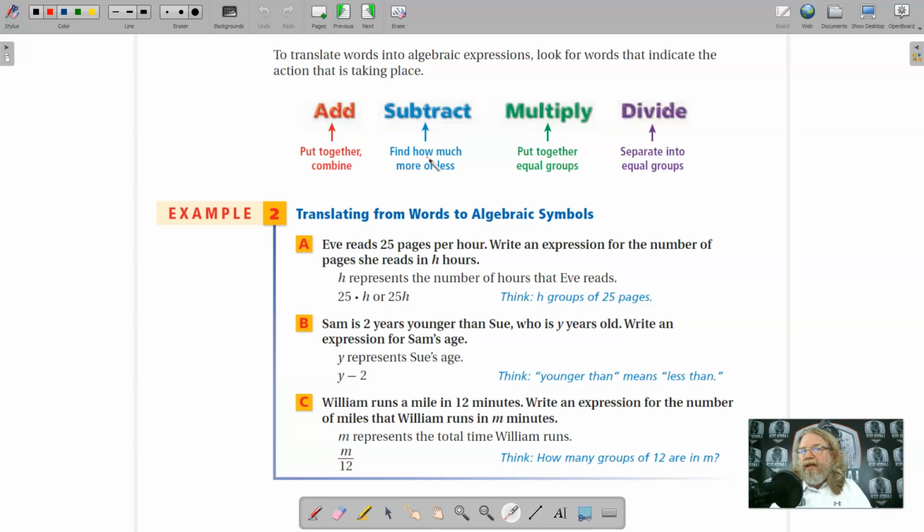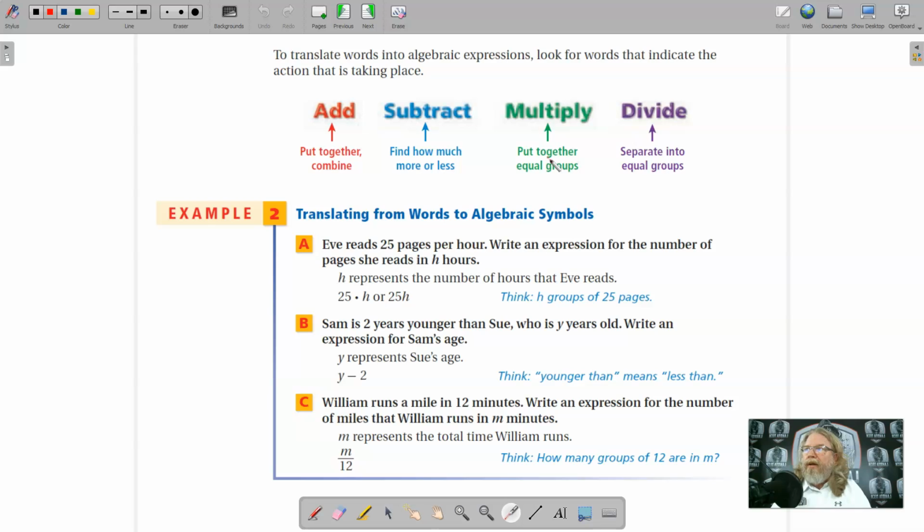It might often say, what is the difference? Or how many more? Or how many fewer? Or how many less? Those are all phrases that we would recognize that we might want to use subtraction in that situation. For multiplication, it's all about putting equal groups together. So if you're adding 7, 7, 7, if you're adding a whole bunch of 7s together, instead of having 7 plus 7 plus 7, it would probably be easier to just do 7 times 3.